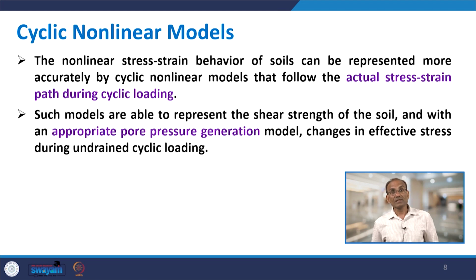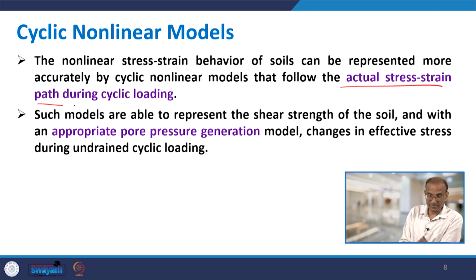The nonlinear stress strain behavior of soils can be represented more accurately by cyclic nonlinear models that follow the actual stress strain path during cyclic loading. So, they are more realistic compared to equivalent linear models.